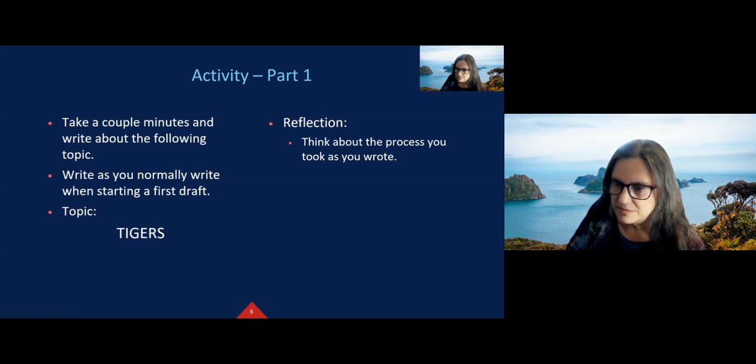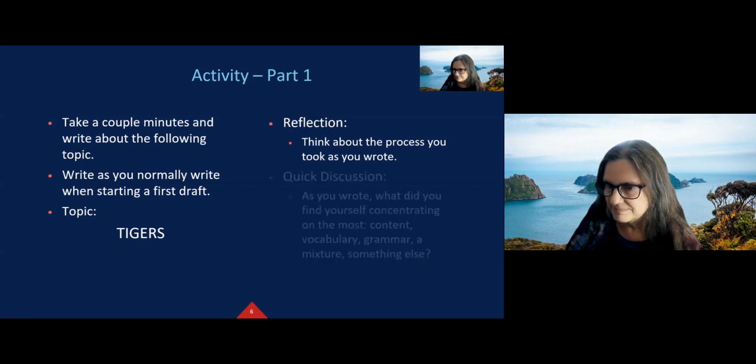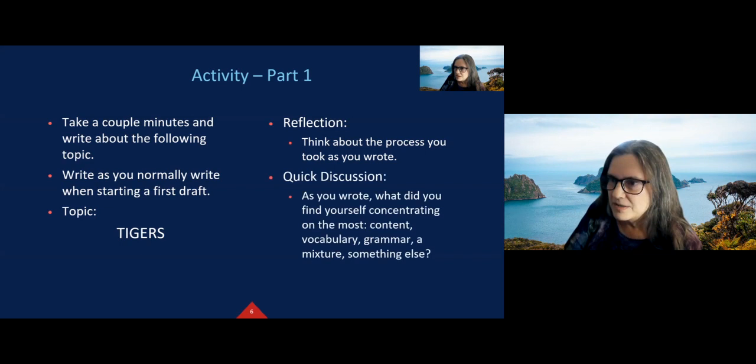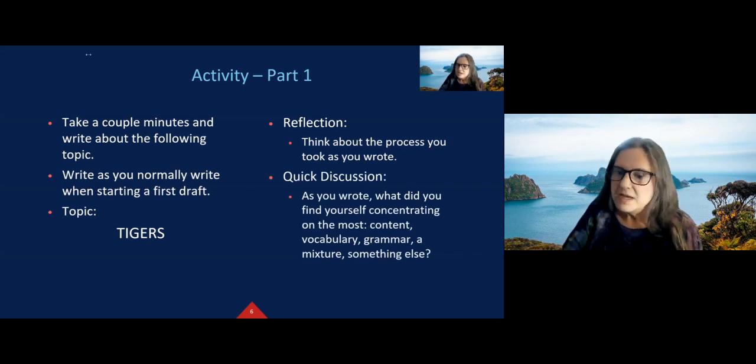So just kind of think for a few seconds. What happened as you wrote? What did you do? What did you think? What actions did you take? What was easy? What was hard? And think about these discussion questions.